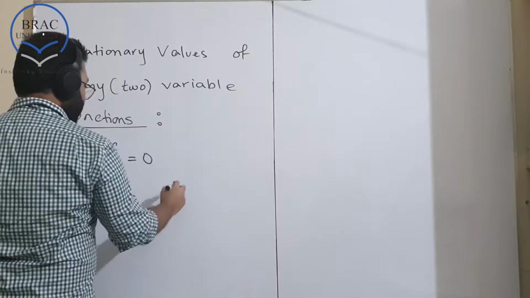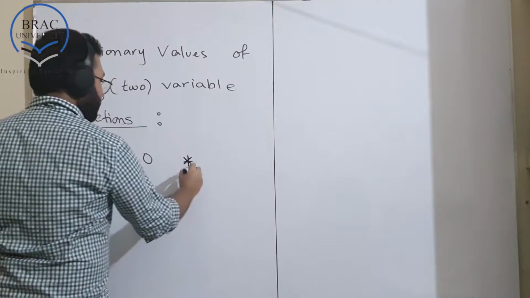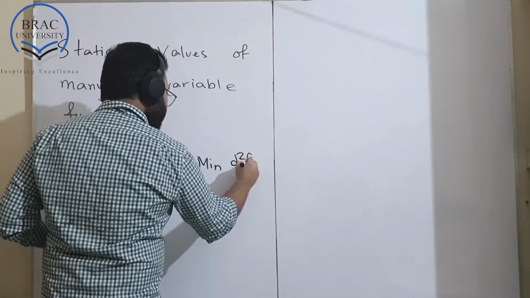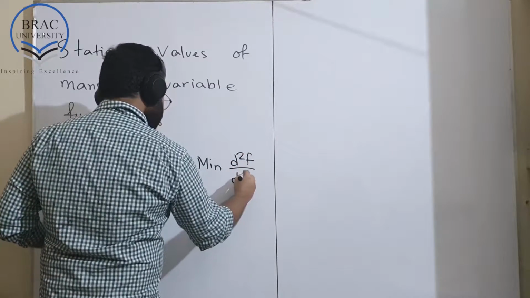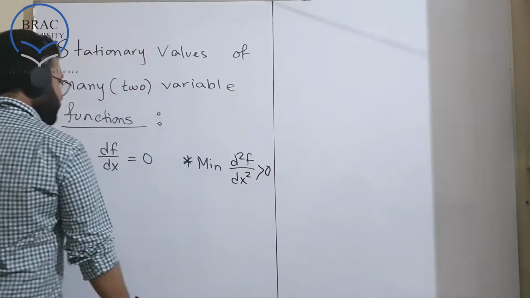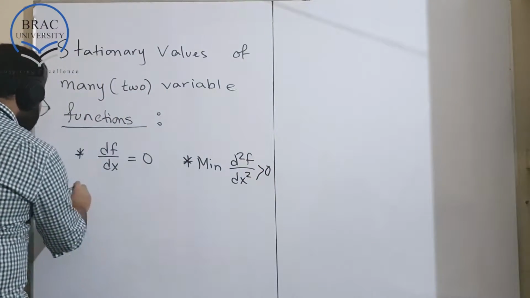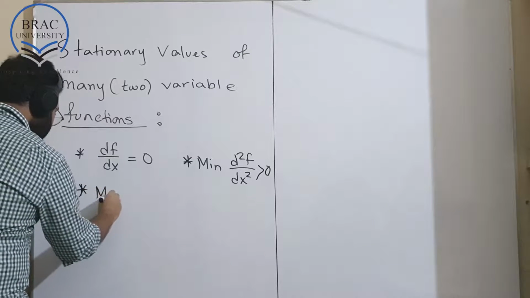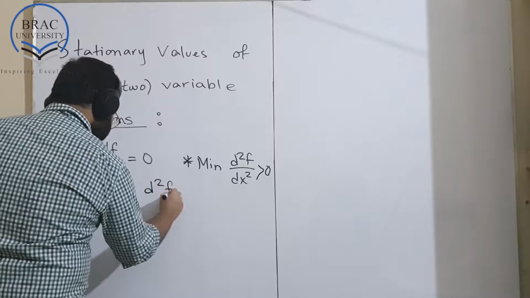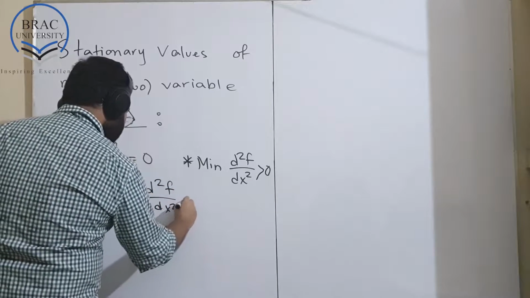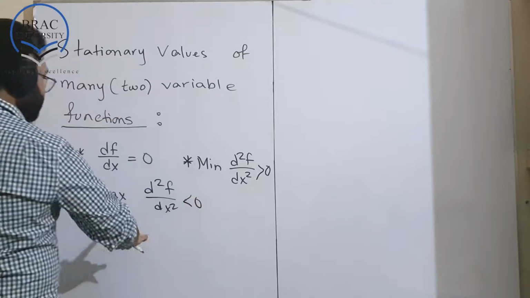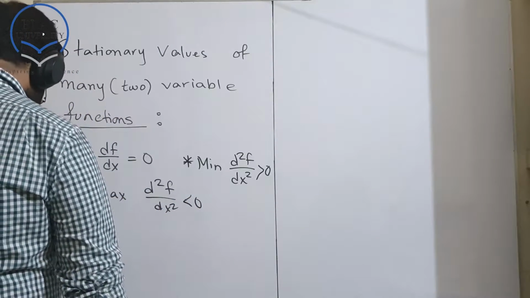So we had a minima if d squared f dx squared, the double derivative of the function, is greater than 0, and a maxima if it's less than 0, and if it's equal to 0, there's no information.